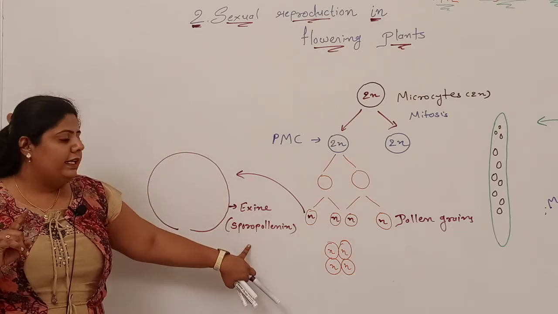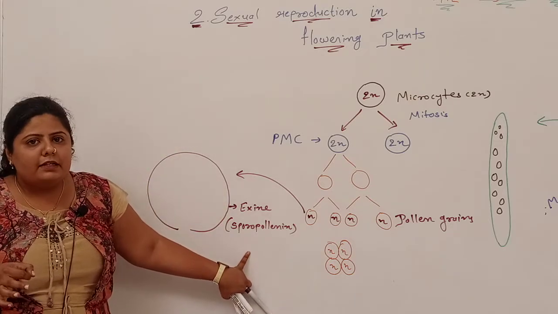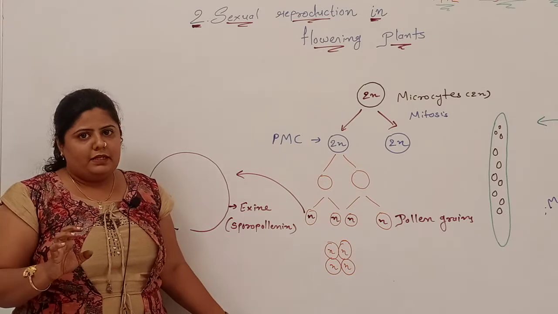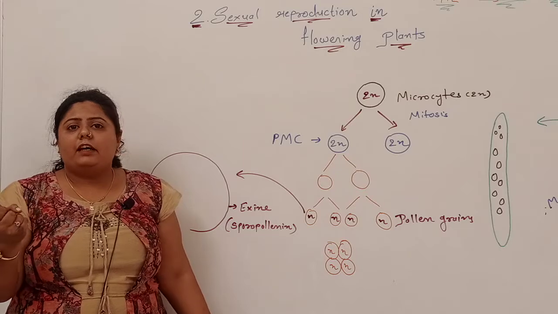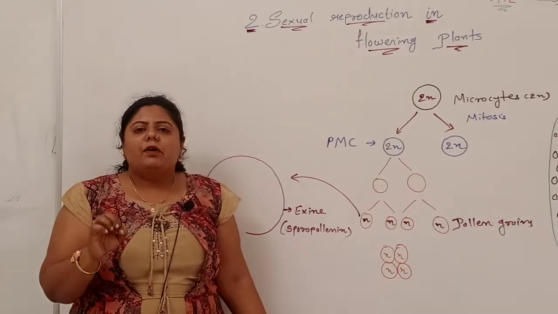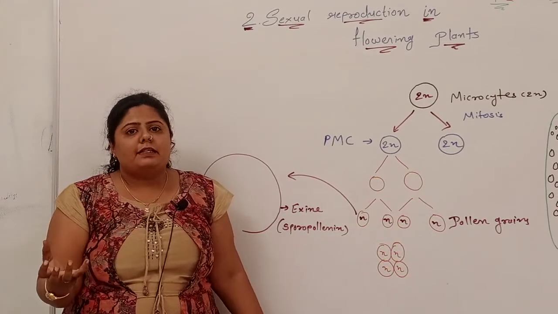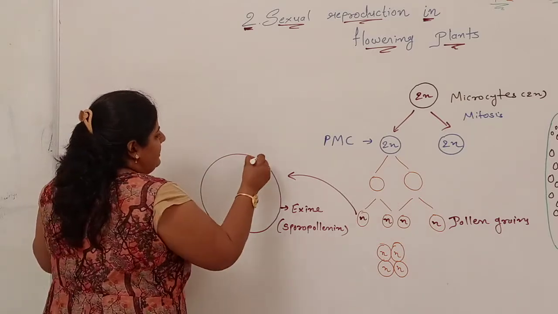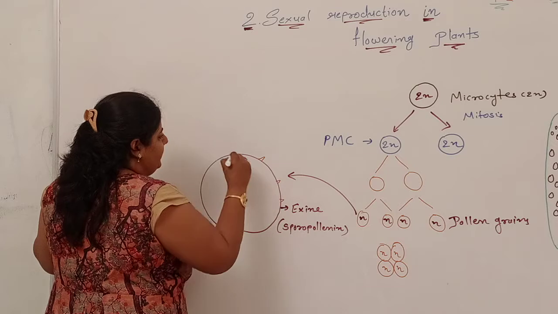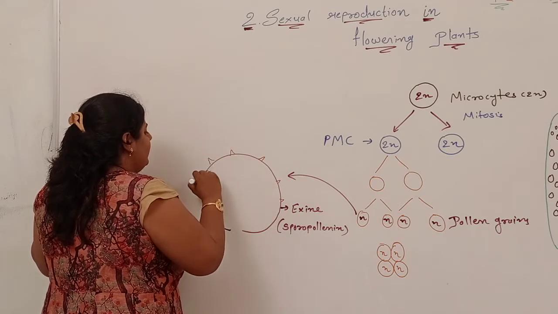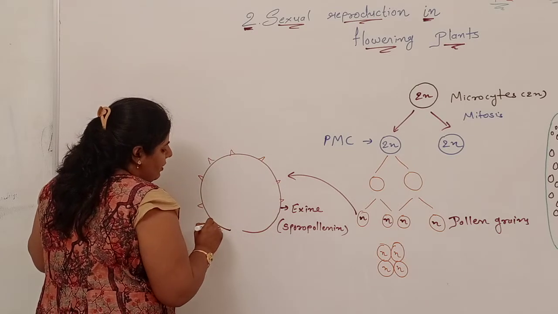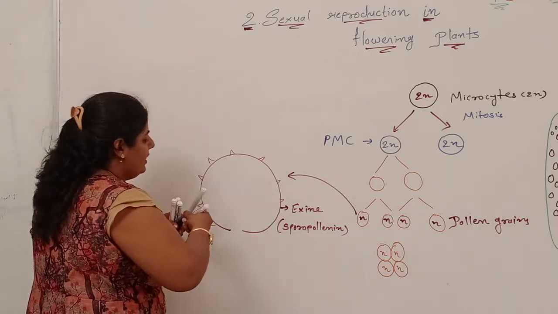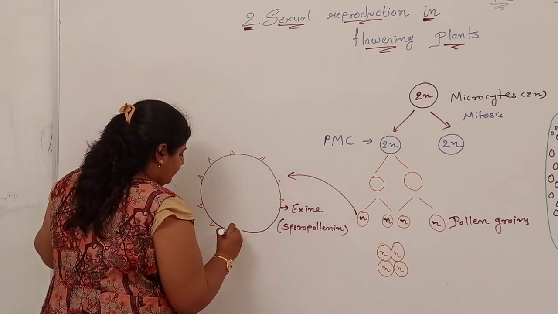It is not degraded by strong acid, strong base, or decomposed by enzymes. So it is the toughest layer on earth. That's why pollen can be stored for many years as a fossil. In some pollen grains, spines are also present. And students, with the help of the study of exine, you can easily study the atmosphere of a plant also.